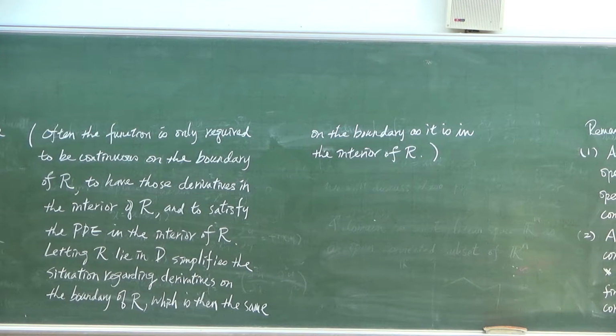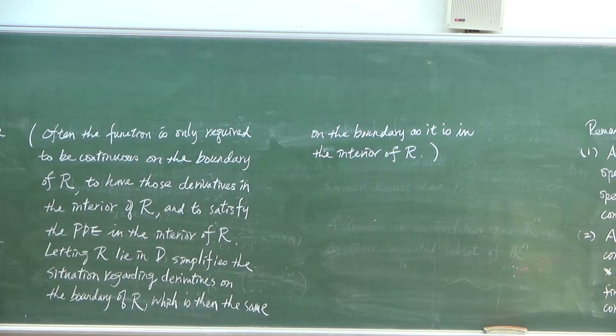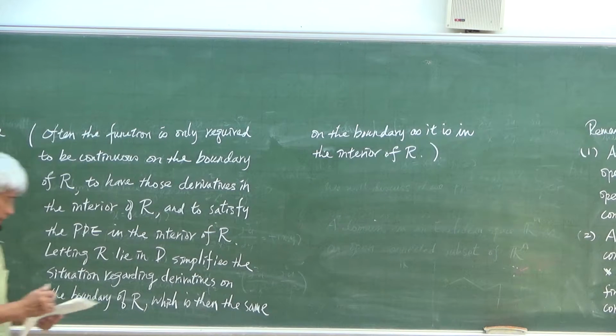So to include an open set of domain D here, all the boundary points of R will be interior points of D. So every point here, you will have an open ball, and in this open ball you can investigate these partial derivatives with no problem. Okay?